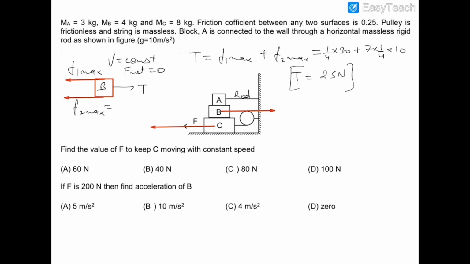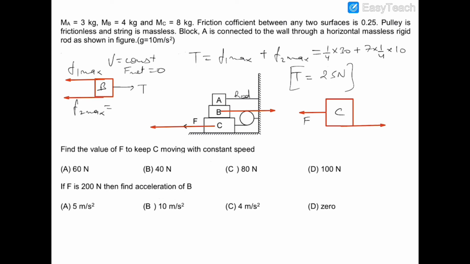Now if we draw the diagram of block C. So this is block C. So C is moving towards the left side, and the force F is applied towards the left direction. The friction of the ground acting on C will be towards the right side.